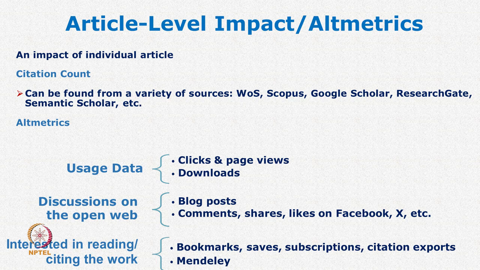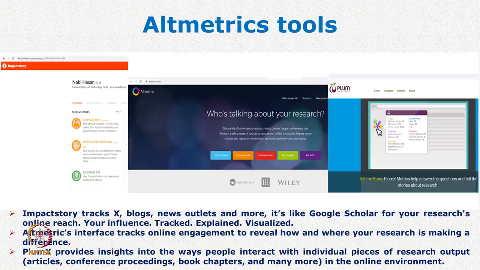It captures interest on social media, readership, discussions and so on, and gives an indication of an immediate impact compared to citations. Continuing with altmetrics, platforms like Altmetric and PlumX track online mentions, downloads, social media engagement and other indicators of attention to your research work.